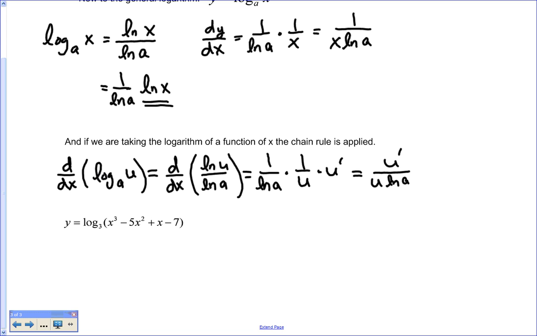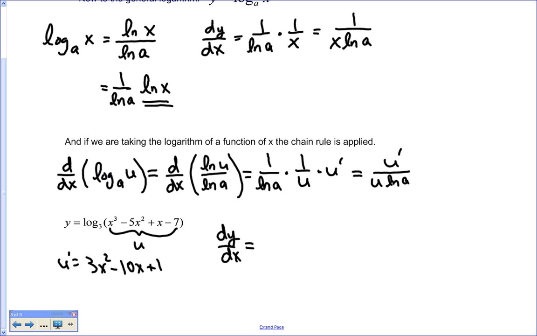So on this last example, y equals the base 3 log of x cubed minus 5x squared plus x minus 7. That's the u. In this case, u prime would be 3x squared minus 10x plus 1. And so our derivative in this problem, dy dx, make sure you're always identifying what you're writing.